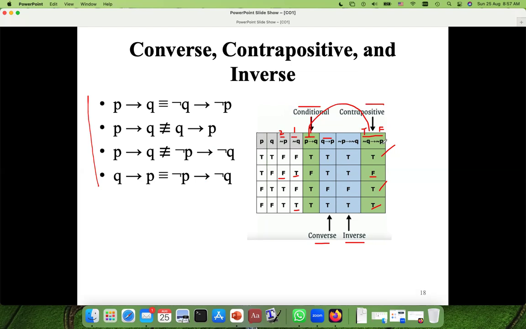If I ask you to find whether statements are logically equivalent, this is the symbol, three lines for equivalence. And this symbol means not equivalent.